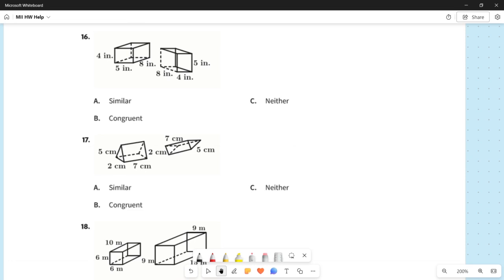So, 16. We're talking about rectangular prisms. And again, our options are similar, congruent, or neither. So we'll start with congruent. Congruent means that these figures would be identical.